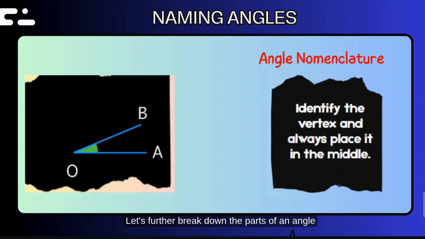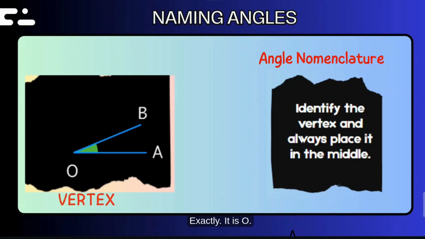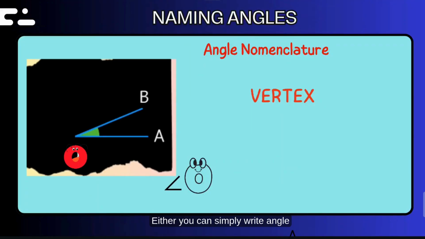Let's further break down the parts of an angle to understand the name. To name an angle, we will first identify its vertex. Can you identify the vertex of the angle on the left side of the screen? Exactly. It is O. Now, to name this angle, you can simply write angle O, for the simple reason that it is the only angle that is getting formed at this vertex. In this case, we can name the angle in three different ways.